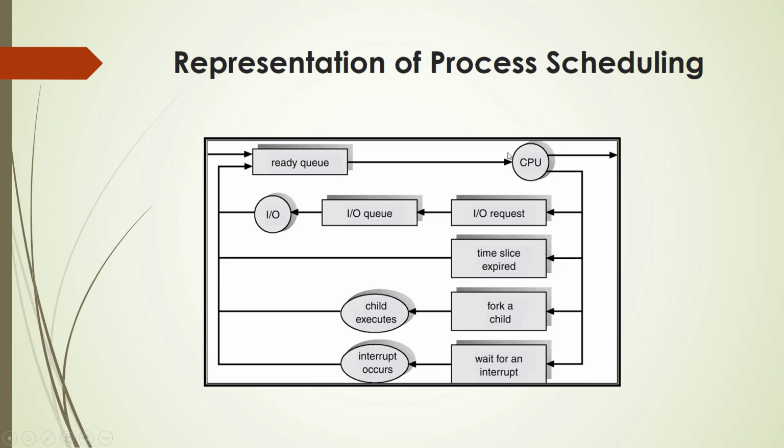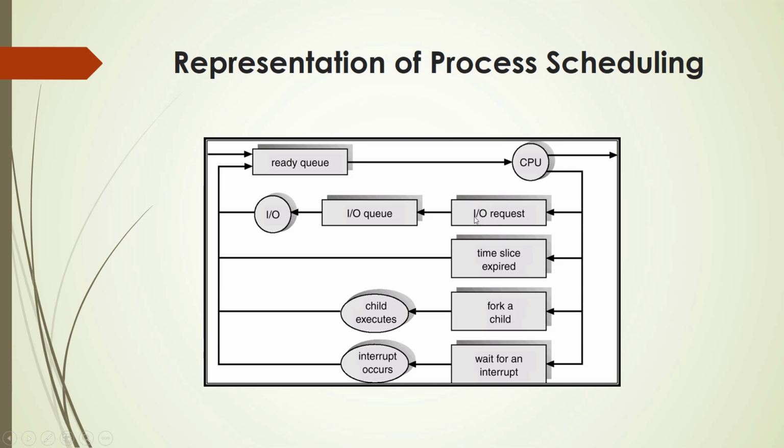While the process is in execution in the CPU, there can be several possibilities. One possibility is that there is an input output instruction in the process. The process will need input output, so it cannot run in the CPU. It will be halted and go for an input output request.